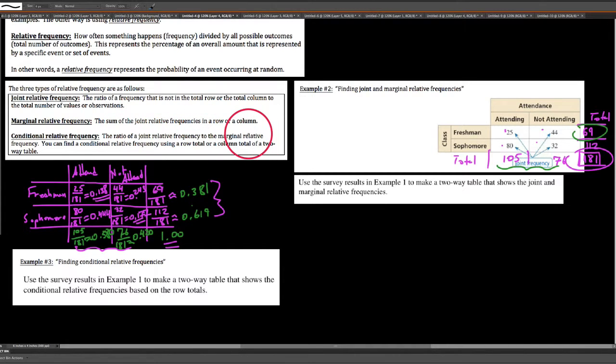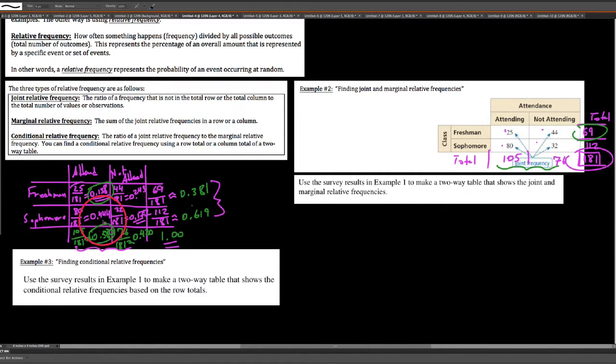So essentially what we're going to be doing is taking the joint relative frequency, or just the probability in any of these individual bubbles, and dividing it by the marginal relative frequency. If I were to take, say, 0.138 divided by 0.580, it would basically be like saying, of those people who attended, how many were freshmen? We could say 0.138 out of 0.580.